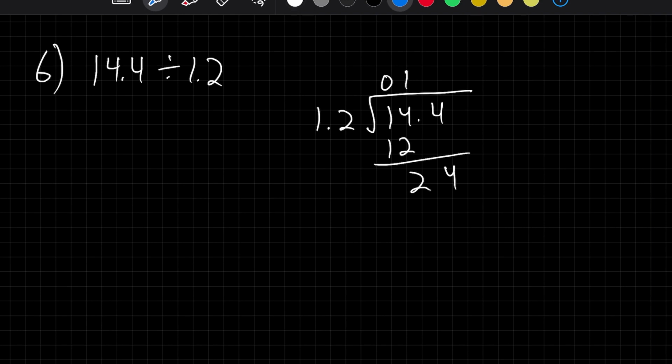Okay, now what's 12 into 24? Remember, we are right now ignoring these decimal places. I don't know why that one disappeared, just because I circled it. Alright, so what's 12 into 24? 2. Alright, so that goes into that number 12 times. So our answer here is 12.